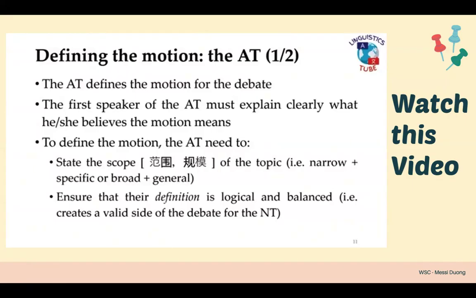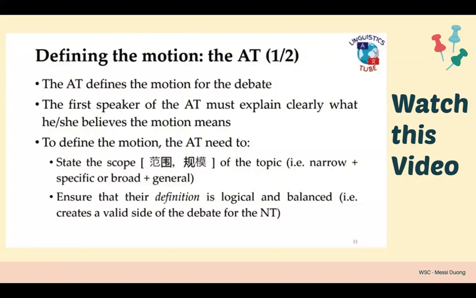Firstly, he or she must state the scope of the topic. As I explained in my introduction video, your debate group must make a choice between a narrow scope, which means that the words are interpreted in a specific way, and a broad scope, which means that the words are interpreted very generally.